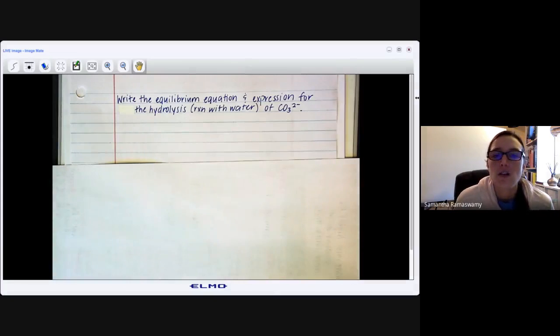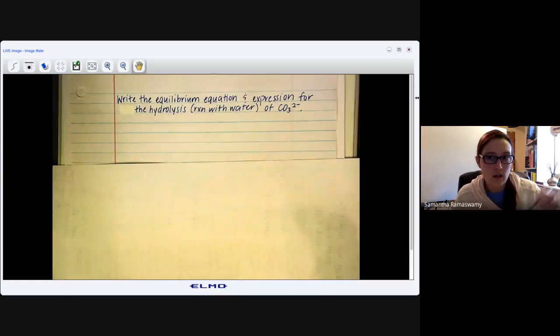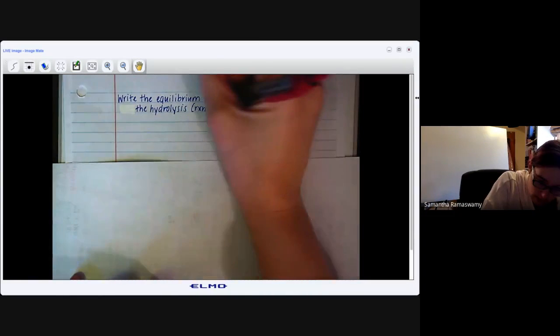So this is the equilibrium equation and expression for the hydrolysis, which means reaction with water, of CO3 2-. It wants two things: the equation and the expression.